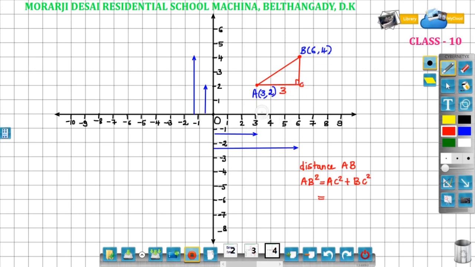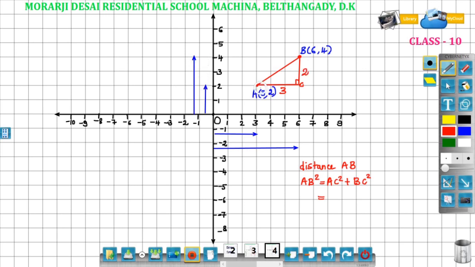And distance BC, you can see there it is 2 units, or you can subtract y coordinates of point A and point B to get distance BC. That is, y coordinates are 4 and 2. So, 4 minus 2 is equal to 2.